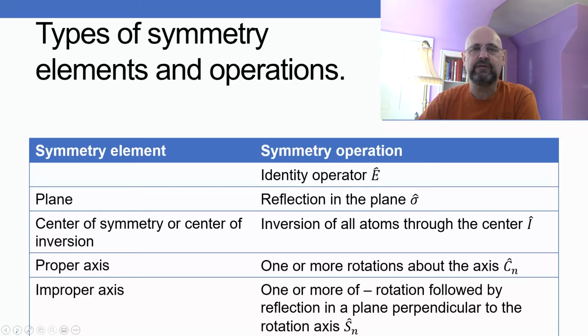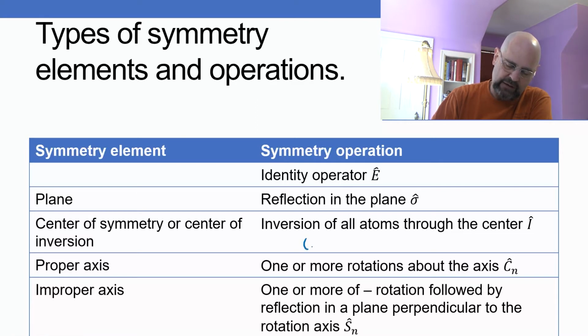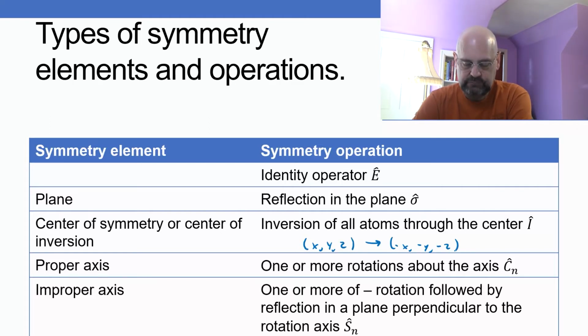Sometimes we talk about a center of symmetry. That's not quite correct. We should talk about a center of inversion. The molecule has inversion symmetry. That means that basically every x, y, z goes to minus x, minus y, minus z; everything reflects through the origin.